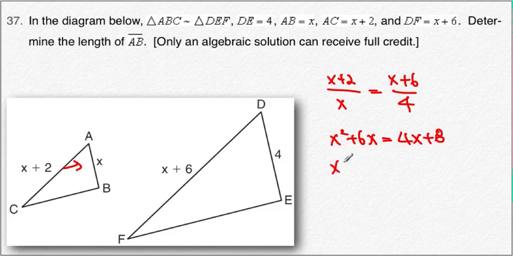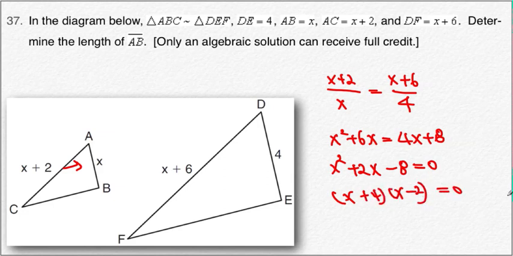When you bring everything onto one side, we get x plus 4, x minus 2 is equal to 0. And here we get x plus 4 or x minus 2 has to be equal to 0. Obviously x cannot be equal to negative 4, but x can be equal to 2. So therefore 2 seems to be our answer.